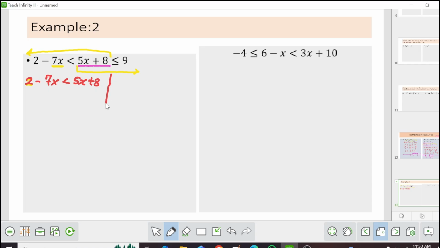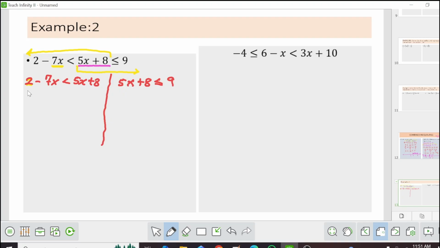Then the other one, from that center also, I have 5x plus 8 less than or equal to 9. So this is how you separate it. You can see that the variable now belongs to this one, so this one only has one share of it.